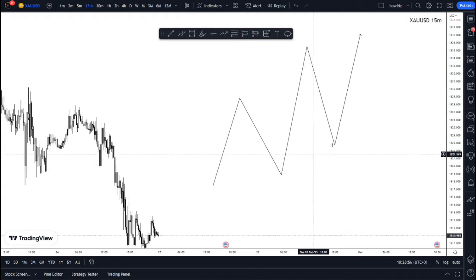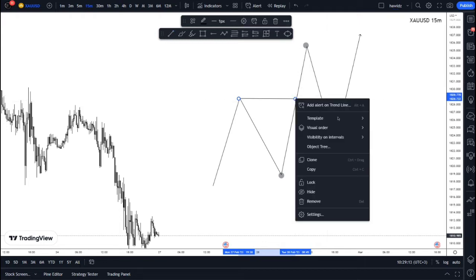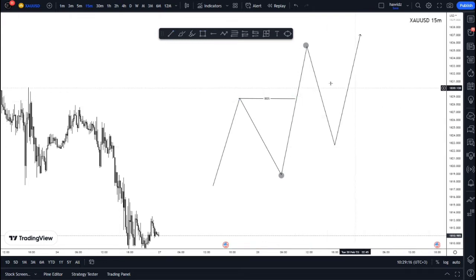So first and foremost, we'll need to have, of course, a low, right? A low that creates a high, and this high is a high that does what? Is a high that breaks structure. So this is in a case of a bullish trend. In a bearish trend, it's just going to be the absolute vice versa, right?